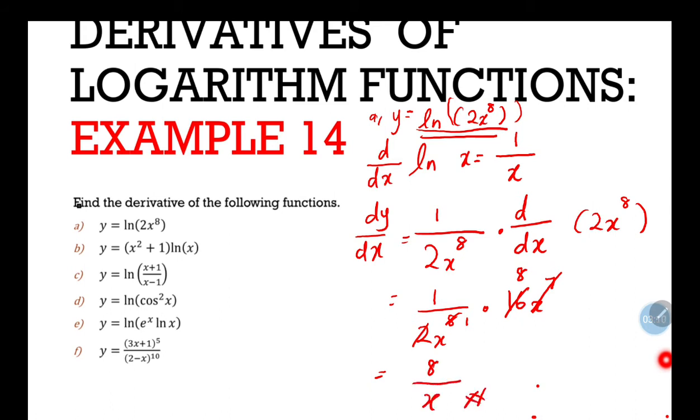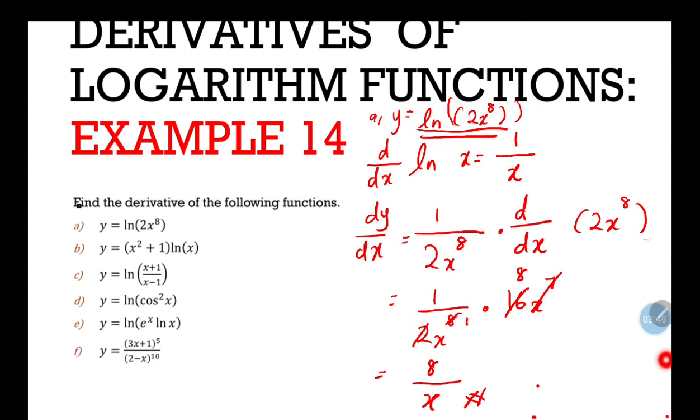So remember to solve the derivative of logarithm function, the formula is the d/dx of ln x equal to 1 over x. So in this example, we have ln 2x to the power of 8. First, whatever in the bracket here, you put 1 over 2x to the power of 8, and multiply with the derivative of whatever in the bracket.